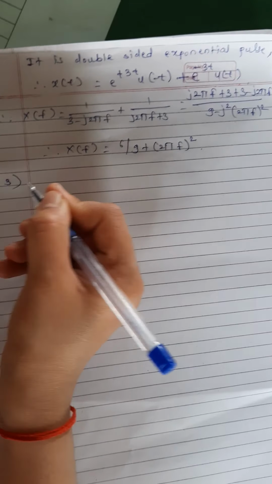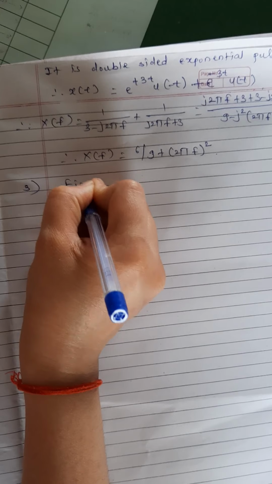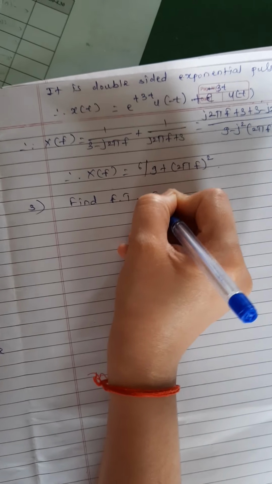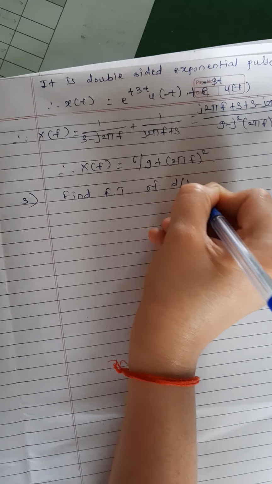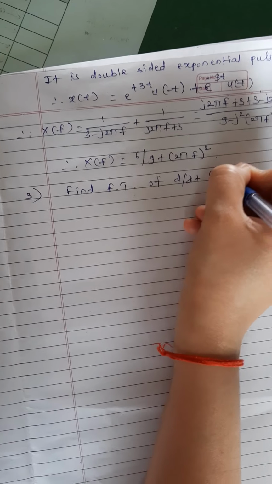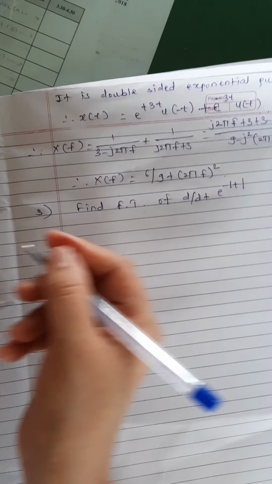Now the next problem is to find the Fourier transform of d by dt of e raised to mod of minus t.